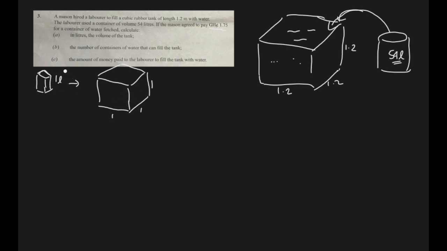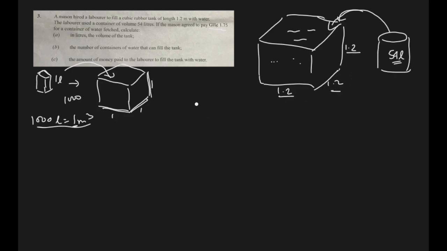So how many of these will fill up this tank? It will be 1000. So the relationship is 1000 liters is equal to 1 meter cube, because 1 meter times 1 meter times 1 meter. This is the relationship we are going to use here. So if 1 meter cube has 1000 liters, how many liters will come in this one?